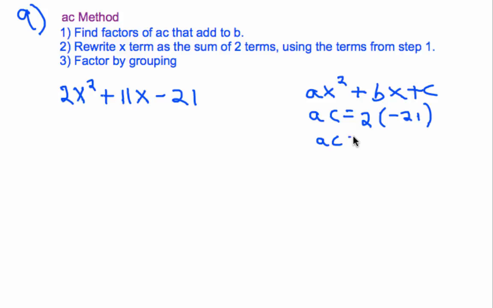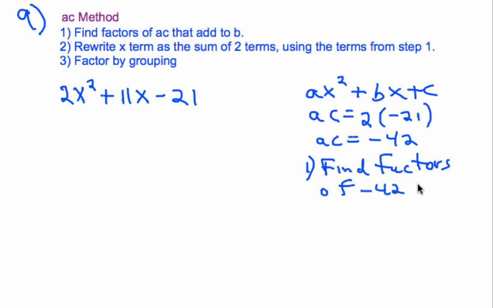So AC will equal negative 42. So we now need to do step 1. We need to find factors of negative 42 that add to positive 11.